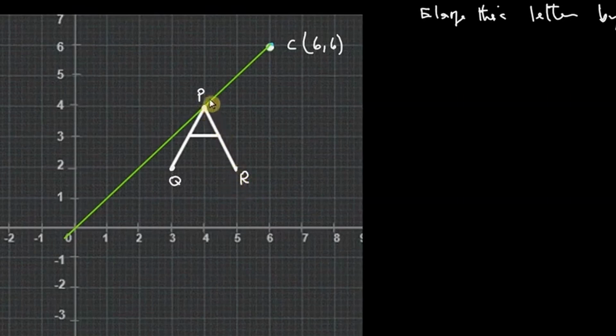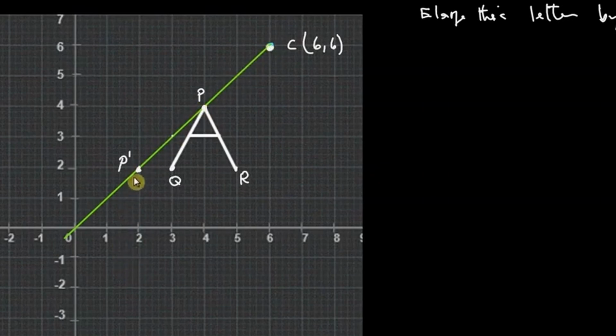So we know that P prime must lie along this green line, and we're going to determine where that is. Now, since the scale factor is 2, we know that P prime is twice the distance C to P. So C to P prime is twice the distance C, this is our point C, to P. So we could simply use our ruler and measure this distance, or we could just recognize that it is 2 diagonals away.